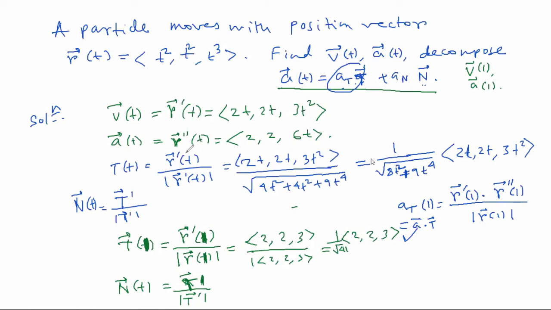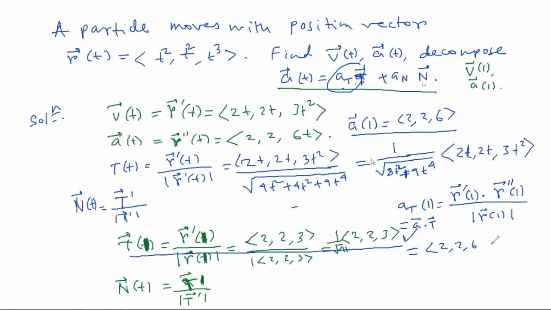We already found a, right? What is a? A at 1 is 2, 2, 6, right? And we already know T of 1 is this. So if you take the dot product, that would be your AT. That's another way to do it. So let's do the dot product: 2, 2, 6, okay?